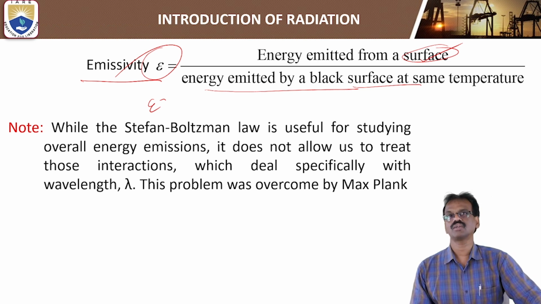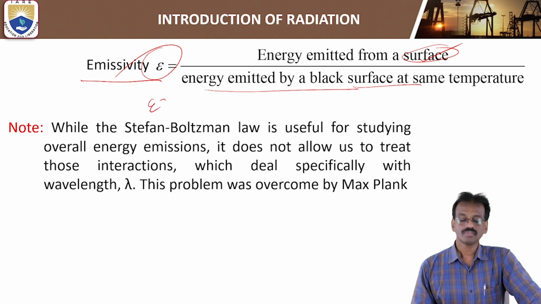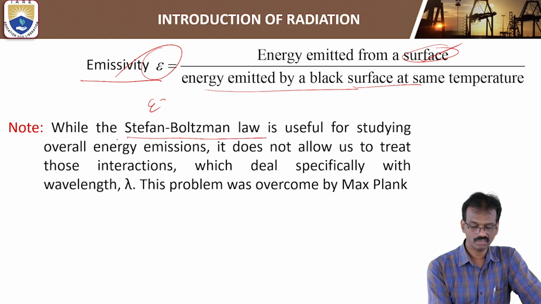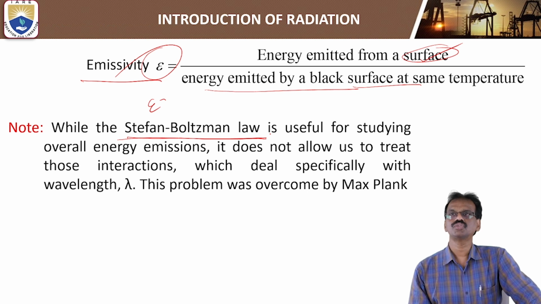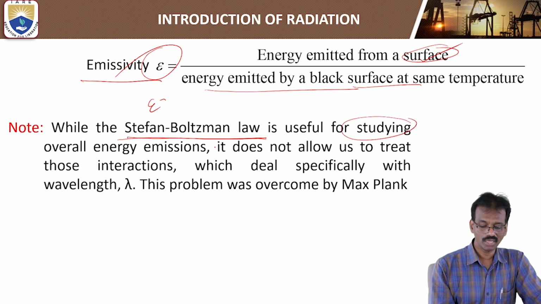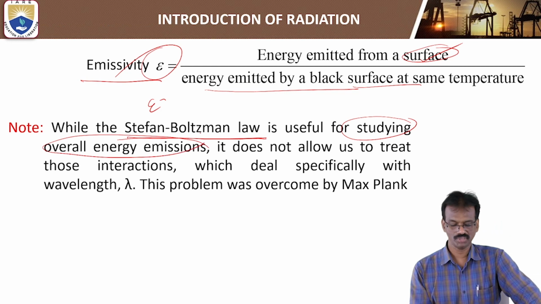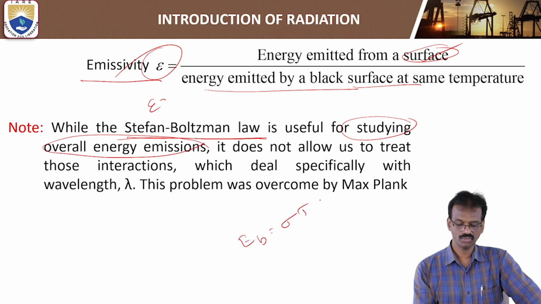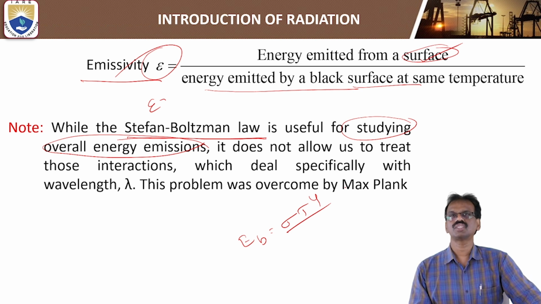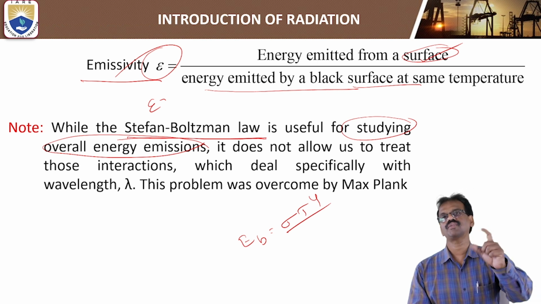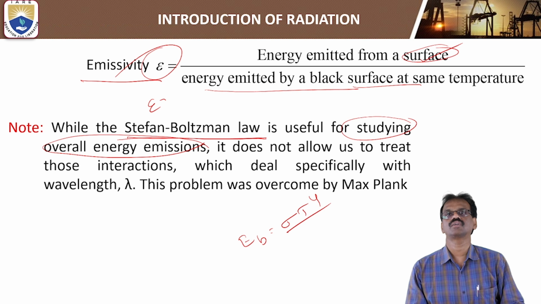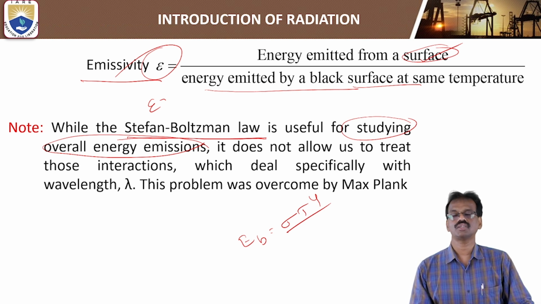Here we can observe one note: the Stefan-Boltzmann law is useful for studying the overall energy emission. It gives E_b is equal to sigma T to the power of 4 overall. So it does not give particular interactions or a particular wavelength. We cannot measure the emitted energy for a particular wavelength. That is a drawback of the Stefan-Boltzmann law.